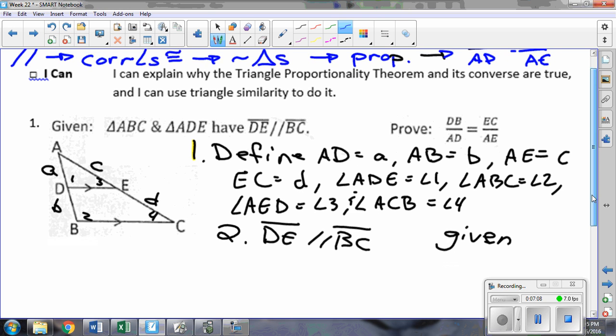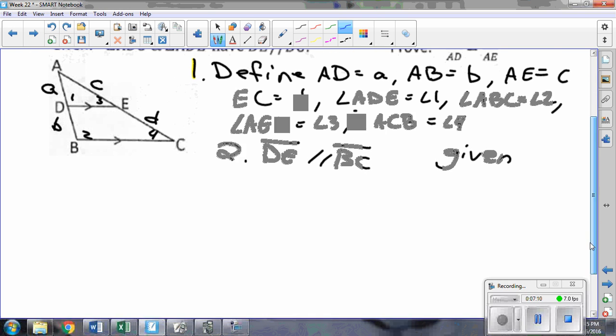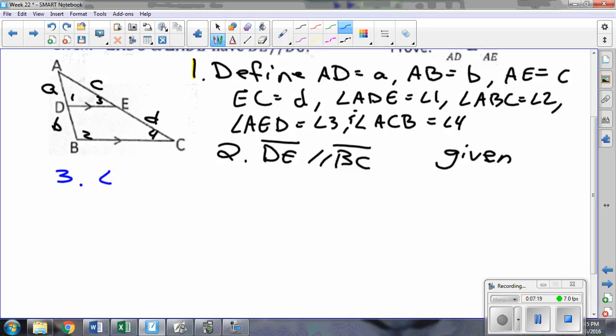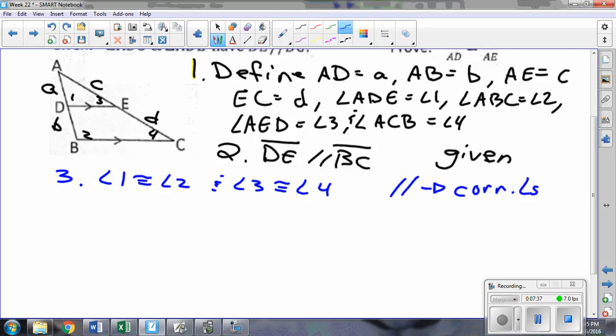Well, first things first. We have already said we have parallel lines. Because we have those parallel lines, angle 1 is congruent to angle 2, and angle 3 is congruent to angle 4. Why? Because parallel lines give us corresponding angles are congruent.